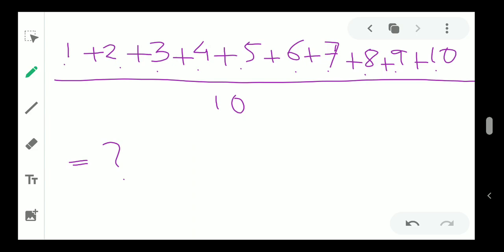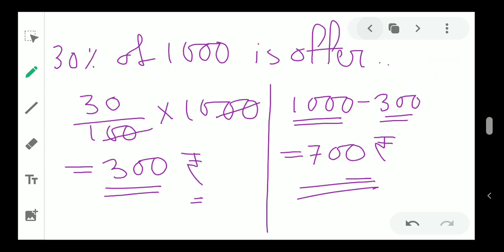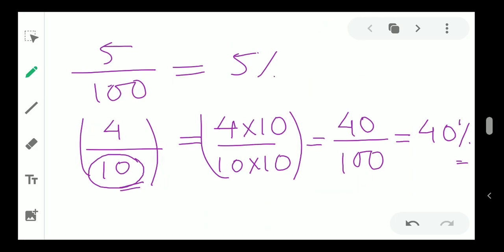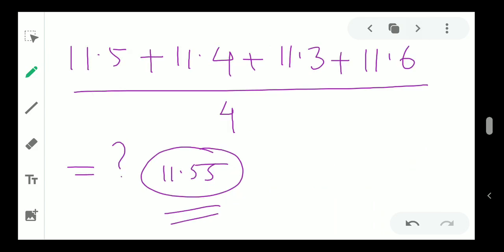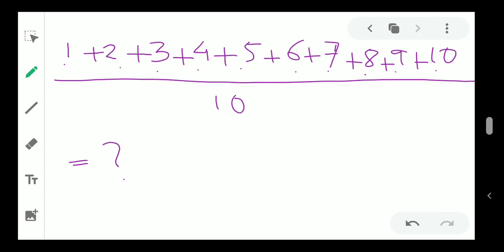So for today we have done percentage, okay, and we have done a little bit about average. So try to see the things nicely and try to practice a little bit. So for today, bye bye.